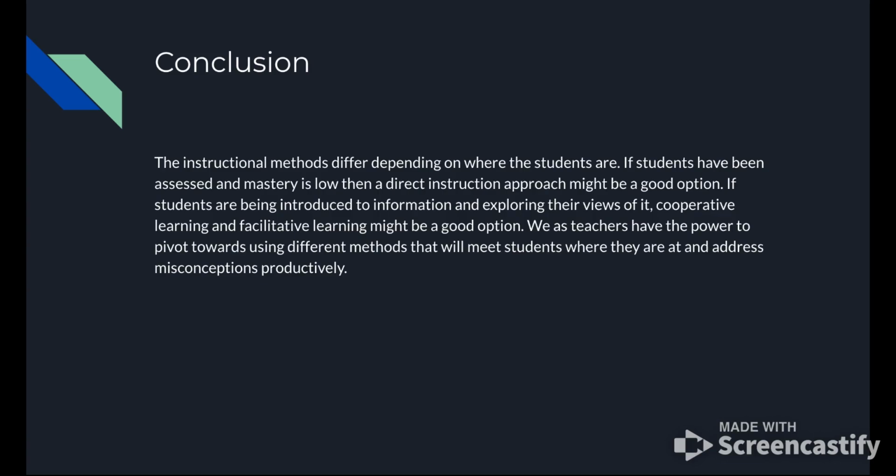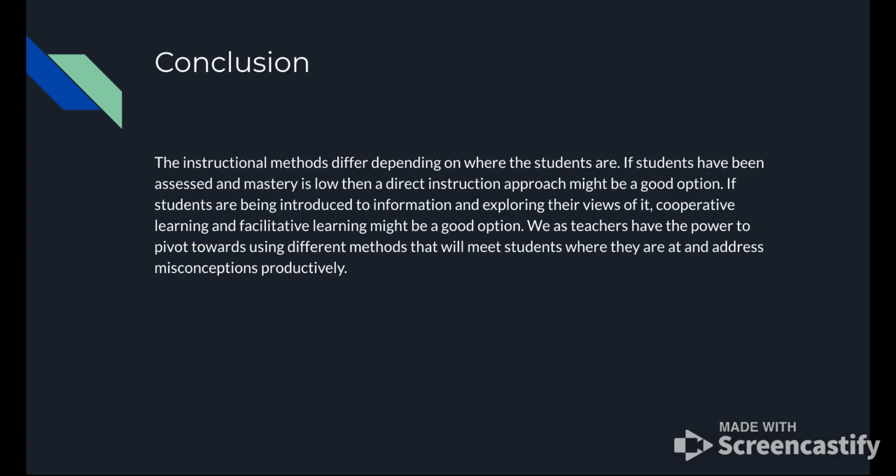So in conclusion, the instructional methods can differ depending on where students are. If students have been assessed in the mastery and the mastery is very low, then a direct instruction approach might be a good option. This is what I have used in the past, and I feel like I've been successful at it.